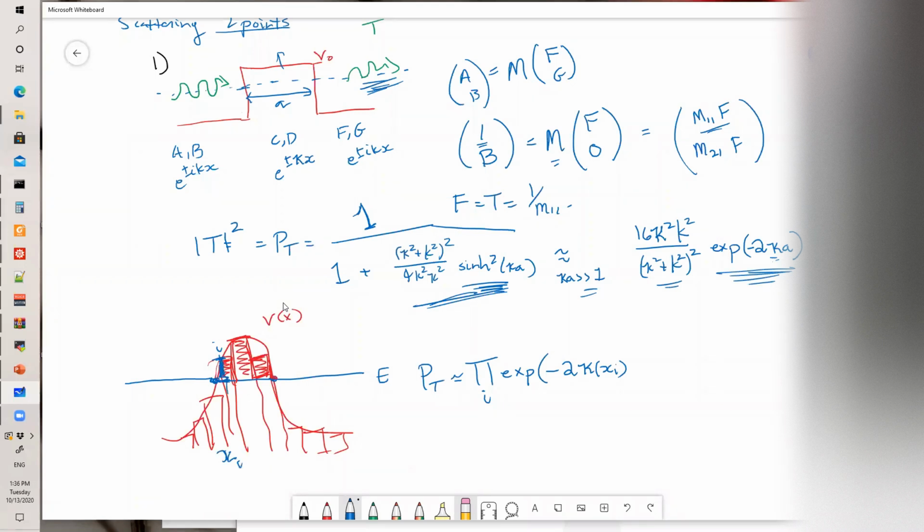Remember, it's just the height of this thing, basically, with the square root and appropriate factors of h bar. And a could be just the size of these little rectangles that we put in, so it's delta x.